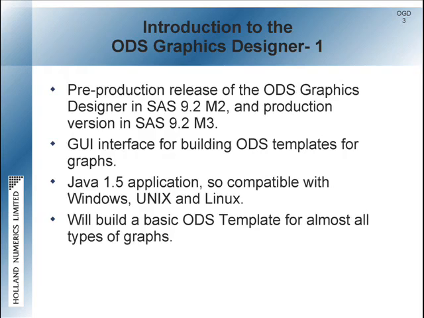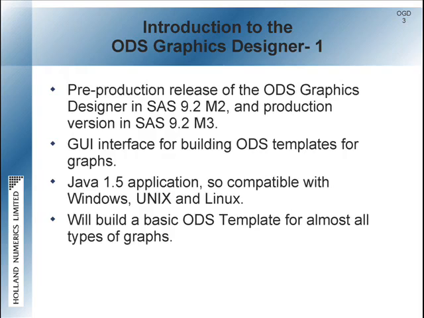It's a GUI interface for building ODS templates for graphs. It's probably similar in design to the Enterprise Guide tasks, where it's drag and drop, and you can select information based on drop downs, so you don't actually have to type anything at all.